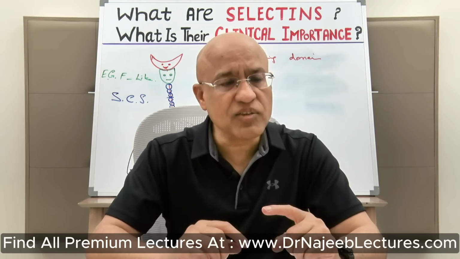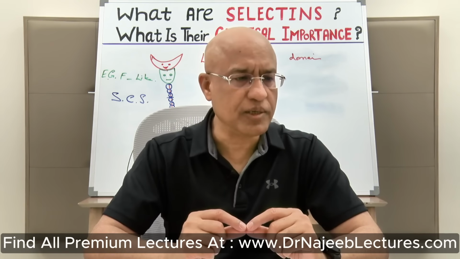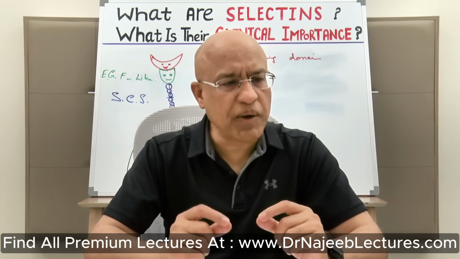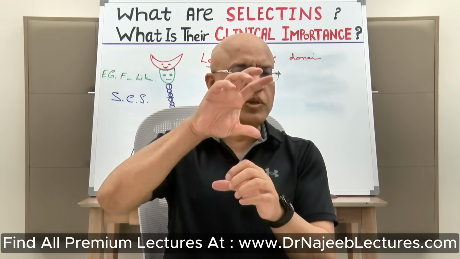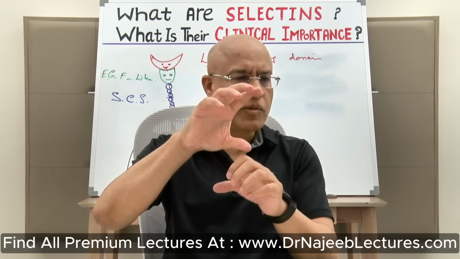And selectins and their receptors bind for a very short time, and they bind with very low affinity. Because they bind loosely, when a neutrophil binds with some selectins, that is binding transiently and weakly, and when blood flow comes, it will roll over.